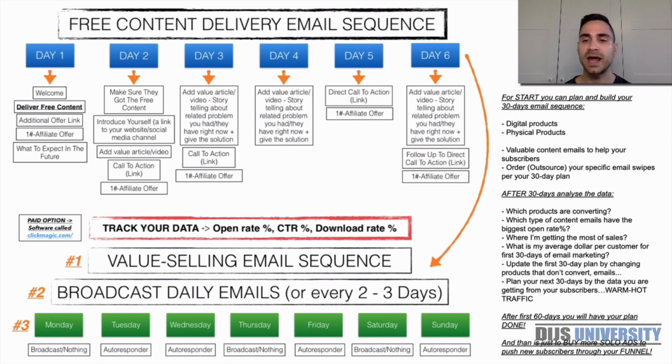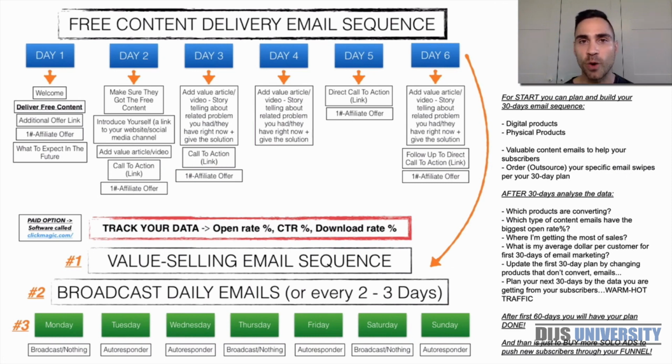And the next is plan your next 30 days by the data you are getting from your subscribers. So like I mentioned in the last previous video, so you can actually create 2 separate email sequence for warm traffic and for hot traffic. So for subscribers that they haven't bought anything from you, and for the subscriber they already bought something in the first 30 days.